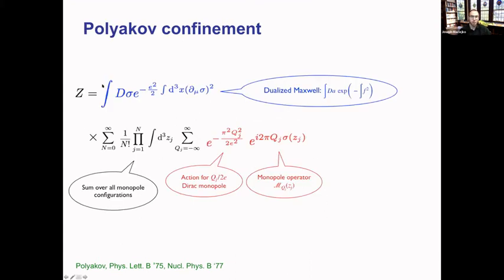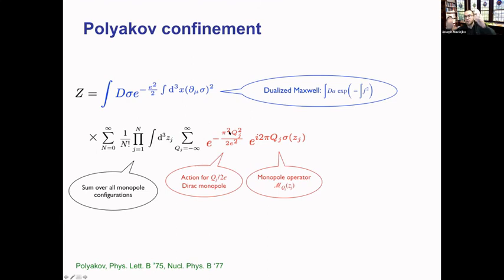So the original Polyakov theory in the absence of fermions roughly goes as follows. This is the non-compact piece of the action that I wrote earlier, the dualized form of the Maxwell action. But now we have these instantons, which are basically Dirac monopoles in the Euclidean three-dimensional representation, and they're localized.